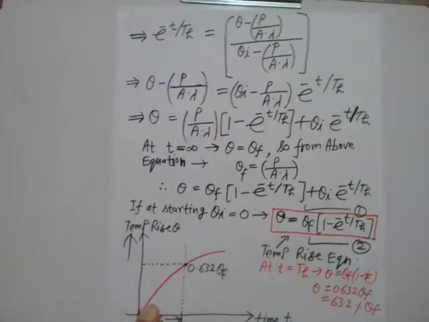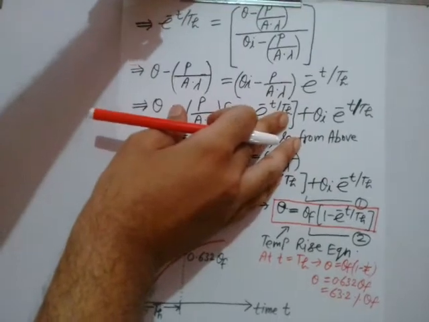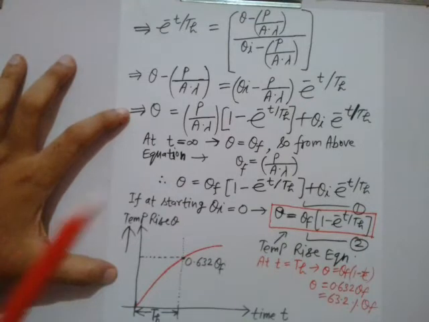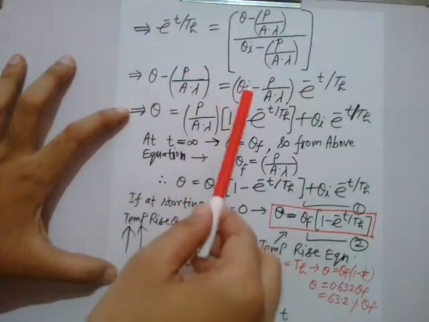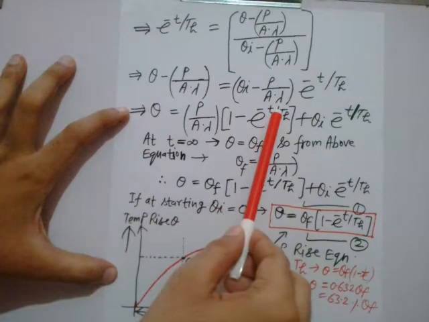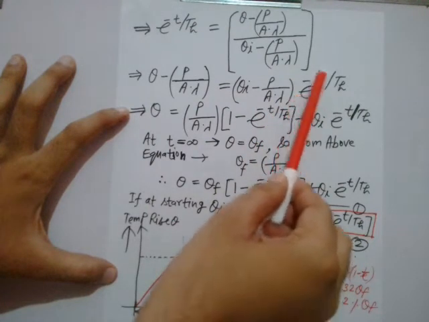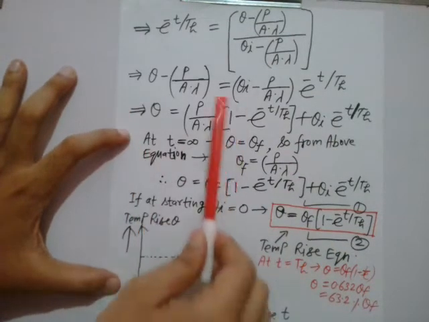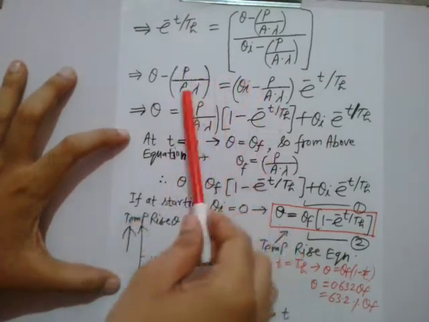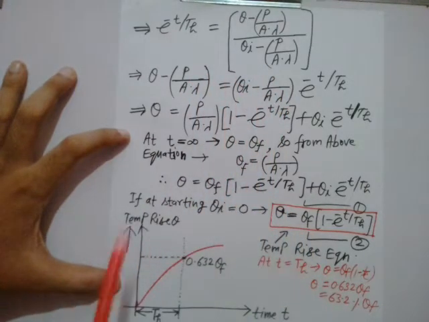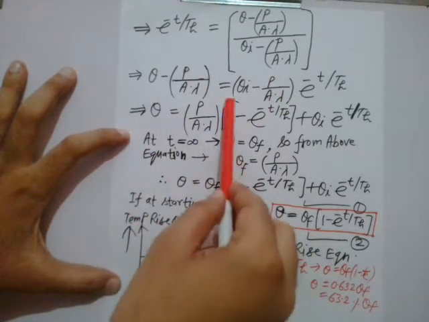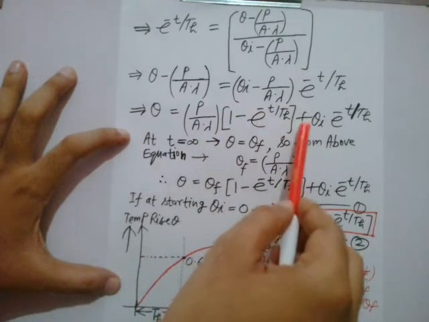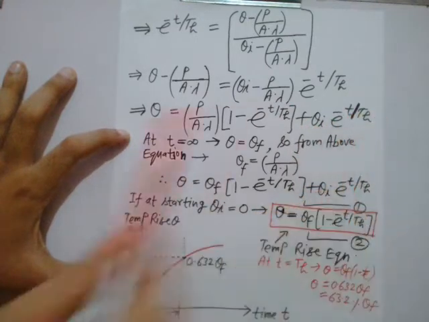So here, theta minus p by a lambda is equal to (theta I minus p by a lambda) into e to the power minus t by tau h, right? Or when you take this whole term into the right hand side, then you can write theta is equal to p by a lambda. When you take this common, you will get (1 minus e to the power minus t by tau h) plus theta I e to the power minus t by tau h, right?